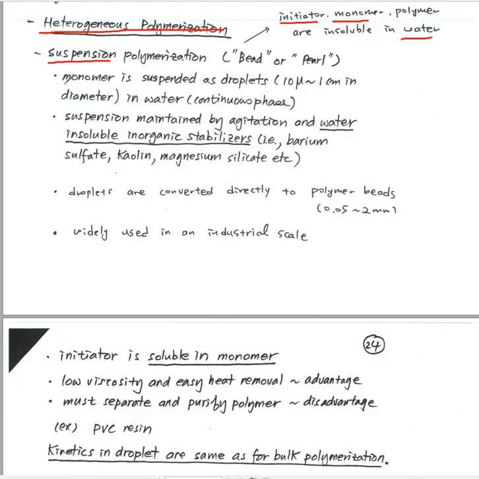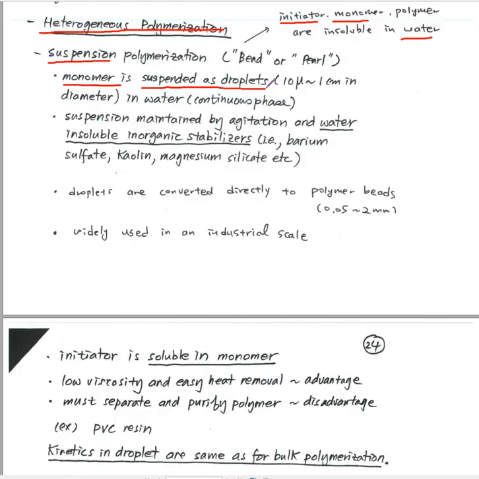Generally monomers are non-polar materials compared to water, right? Water is a really polar medium. So monomer is suspended as droplets, like oil droplets inside the water.